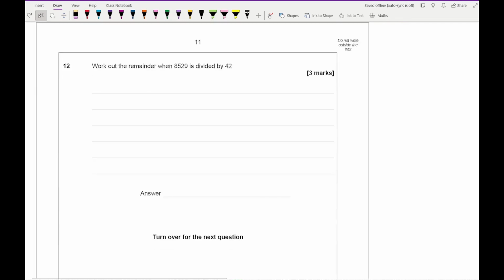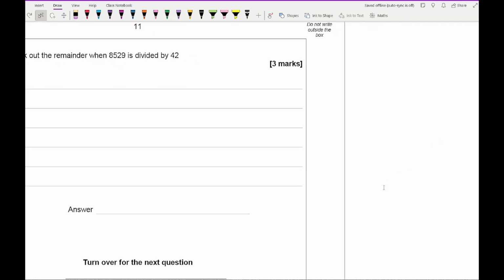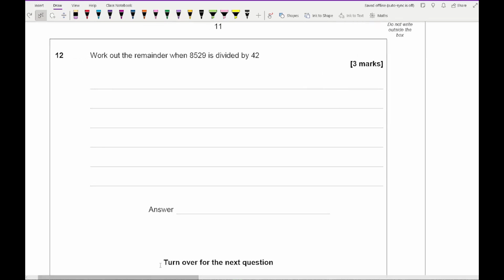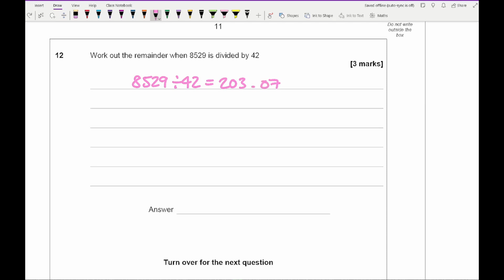Moving on to question 12, let's just zoom in so we can see it a little bit bigger. It says work out the remainder when 8,529 is divided by 42. Now for this, what we need to do is first of all do 8,529 divided by 42, which equals on the calculator 203.07 and so on.